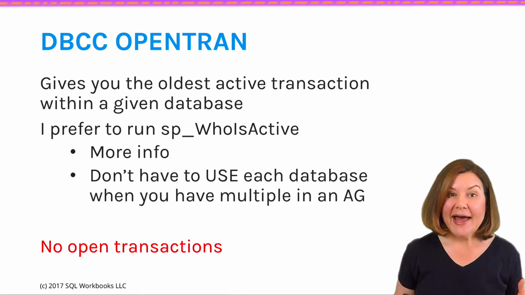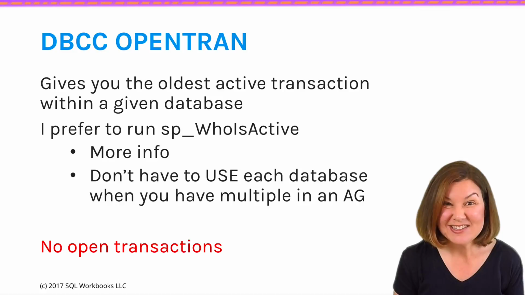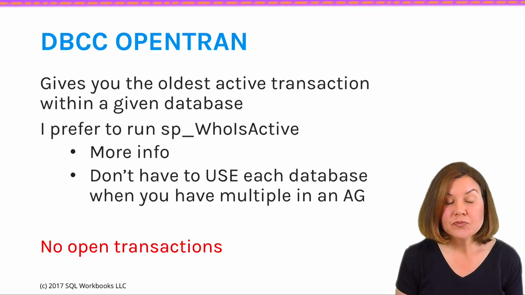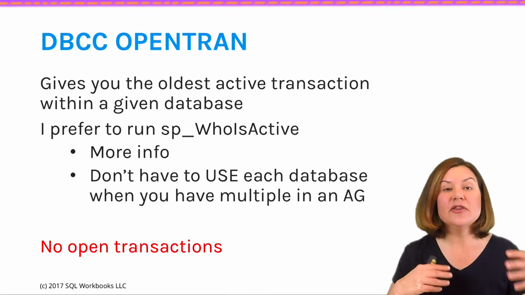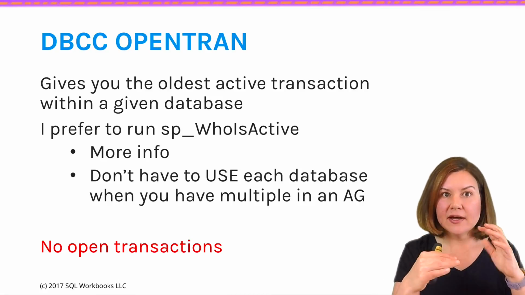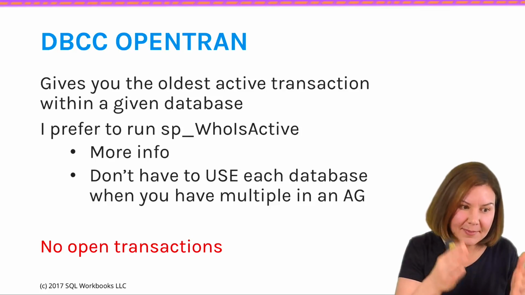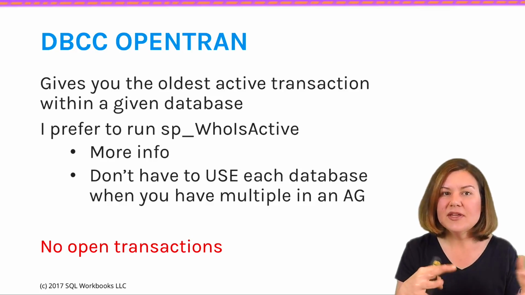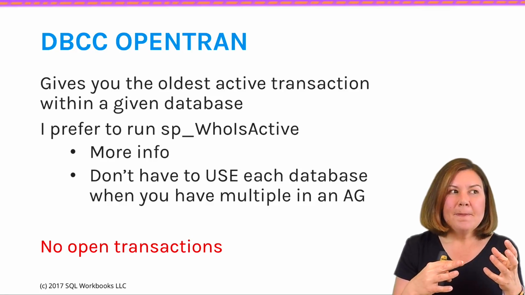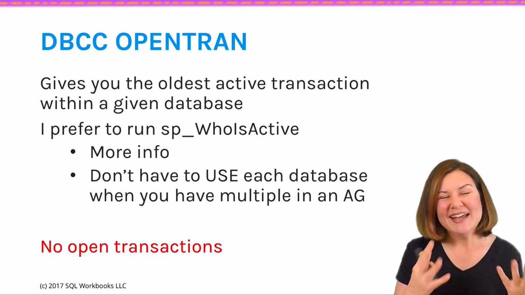This command isn't bad, but I prefer to run the free stored procedure sp_WhoIsActive from Adam Machanic because I'm really lazy. And sp_WhoIsActive, you can just run it on the whole instance. You don't have to use every database. It also will give you information about the command, the T-SQL that's being run for the session, and how long it's been there as well. It gives you the information from DBCC OPENTRAN plus a lot more info.